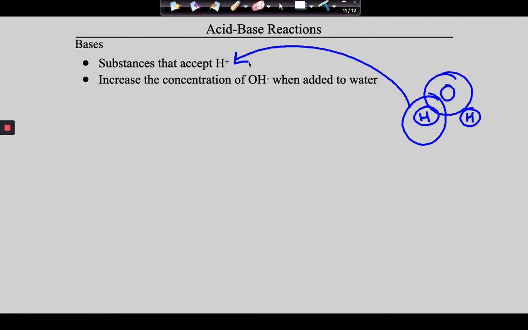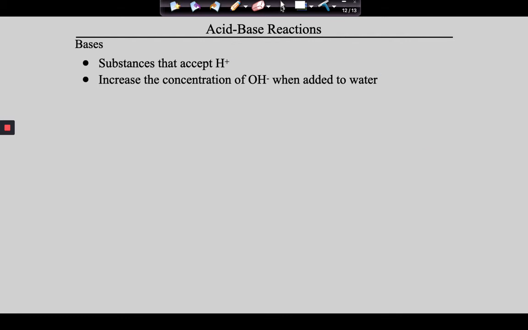OH. Do you see it? So guys, that's how this makes sense, that bases function by taking hydrogens away. Many times it's taking hydrogen away from water, and when that happens, what's left over is hydroxide, and the hydroxide concentration goes up.